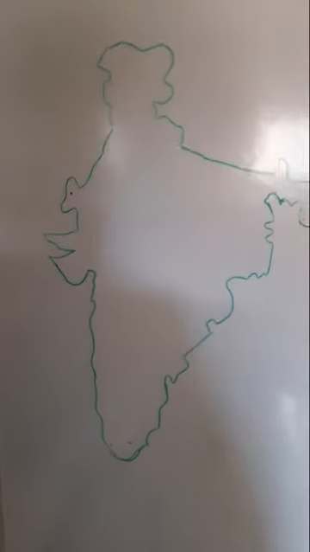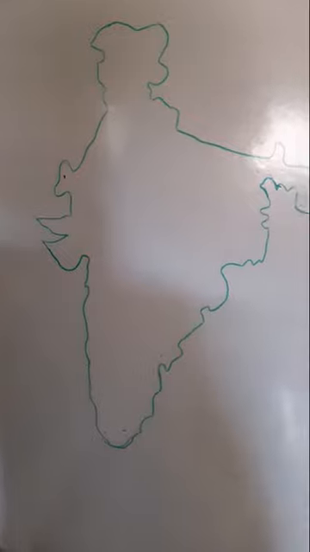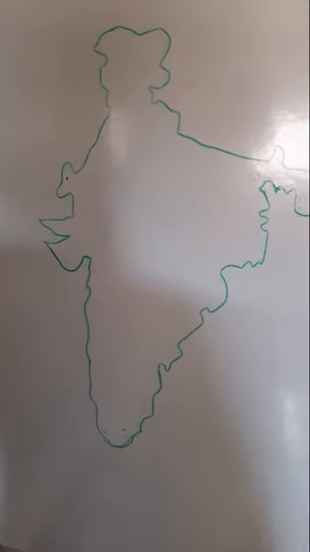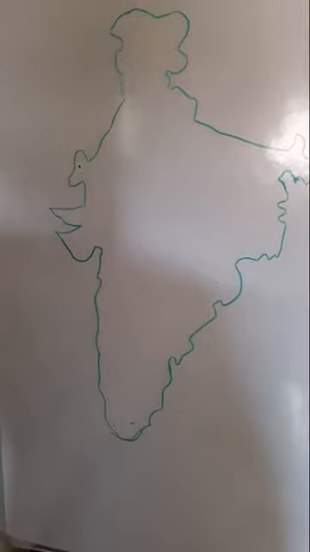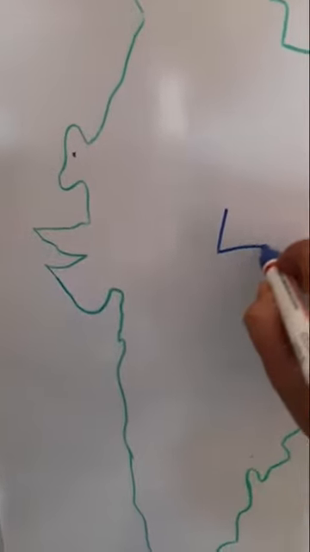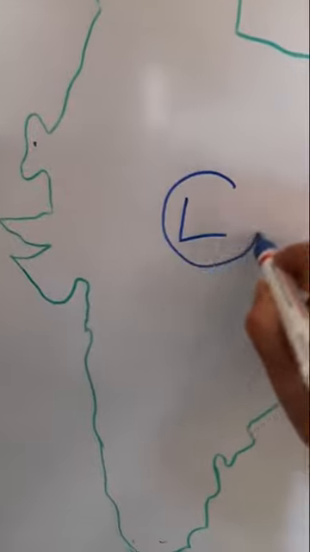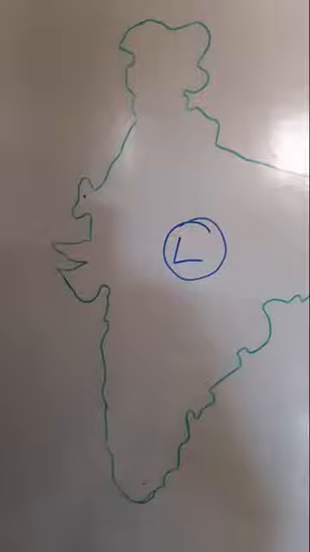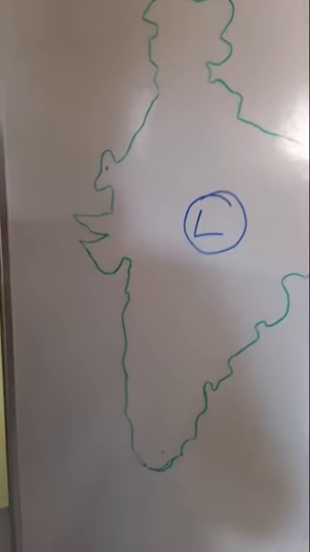Now children, let us study with the help of a map how the rain bearing winds enter our country. The summer heat causes an intense low pressure in central India. This low pressure is influential in pulling the winds.